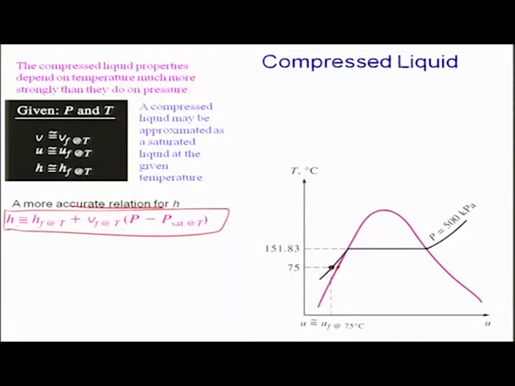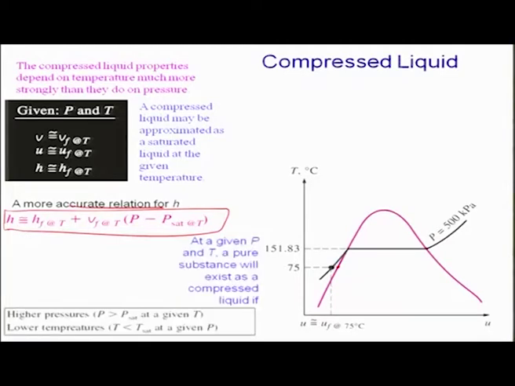So, what are the conditions for the compressed liquid? For 75 degrees Celsius, the saturated point is here, and at this point this will be your P sat at the temperature of the system, which is 75.